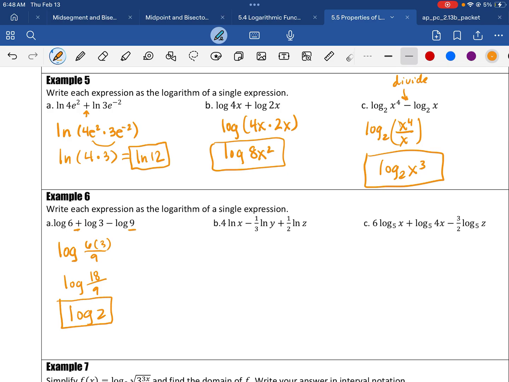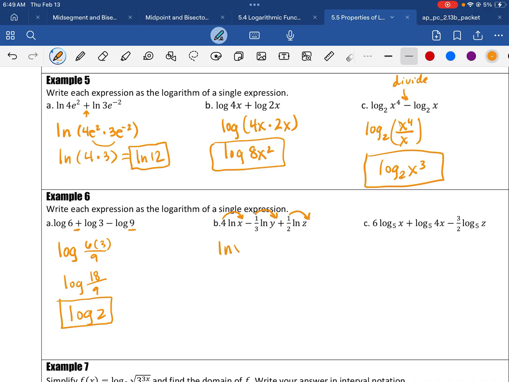Okay, for this one, I see numbers out in front. Those are powers, so I'm going to move the powers up first. When you are expanding, so you take a single log and you write it as multiple logs, the power comes last. But when you're condensing, you're taking multiple logs and squishing them into one log, then powers come first.